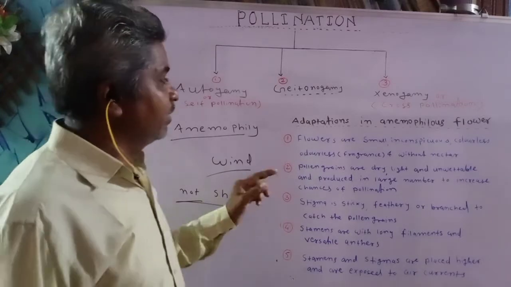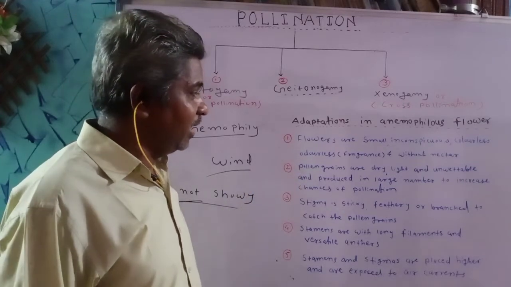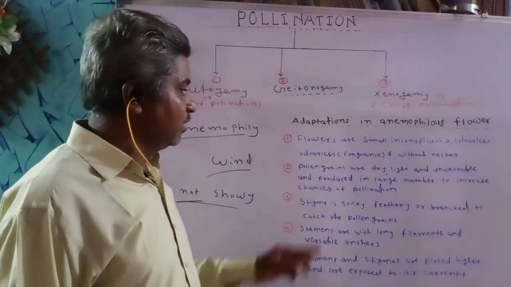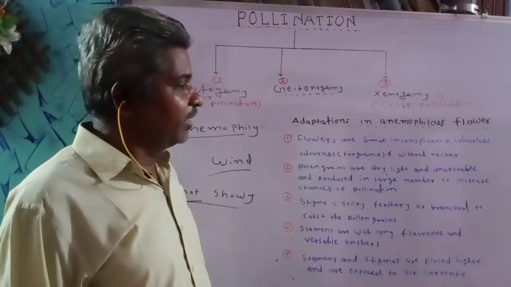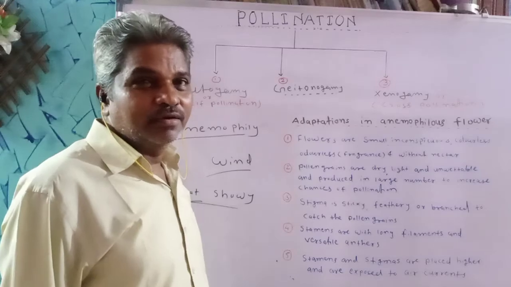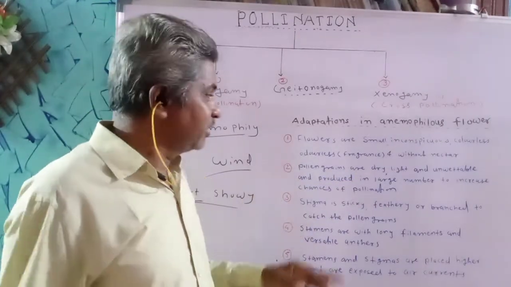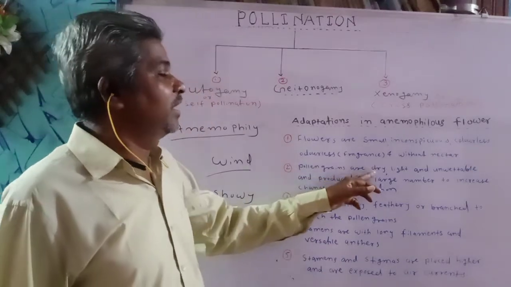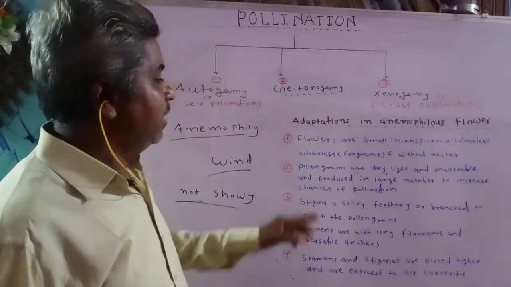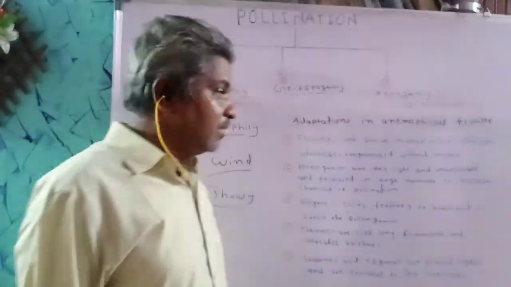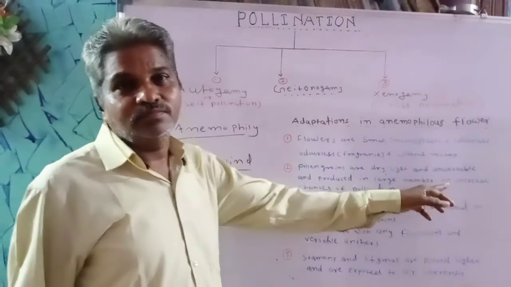Now the second adaptation for anemophilous flowers is that pollen grains are dry, light, and unwettable. Light means they are light in weight, and unwettable means they are waterproof.